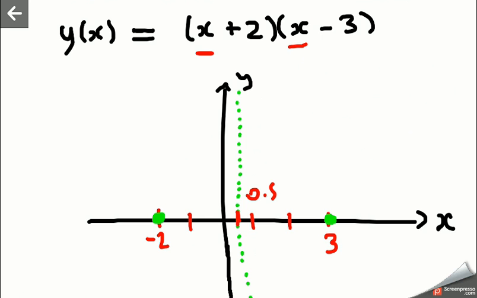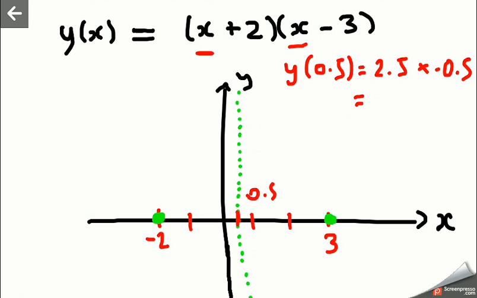So y of 0.5 is equal to 0.5 plus 2, so 2.5, times 2.5 minus 3, so times -0.5. I really should have chosen an easier example. So 2.5 times -0.5, well, half of 2.5 is 1.25, so negative half of 1.25 must be -1.25.